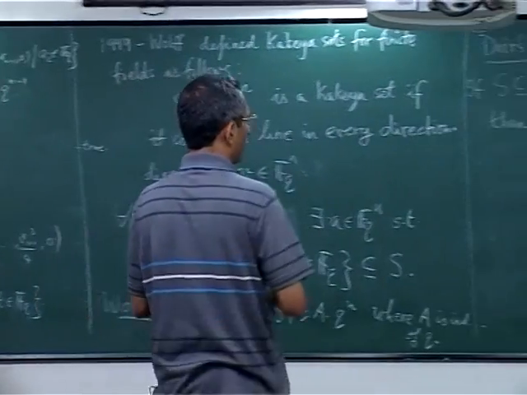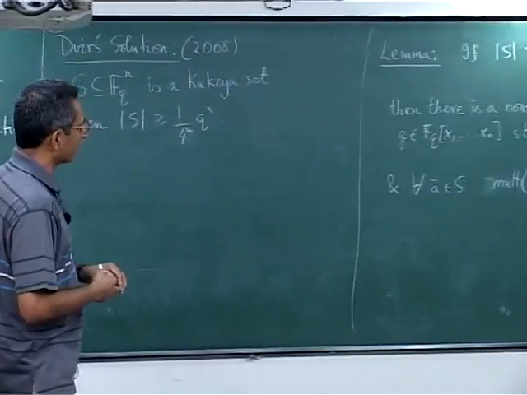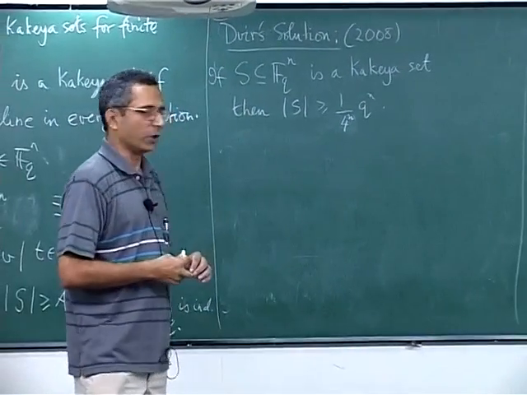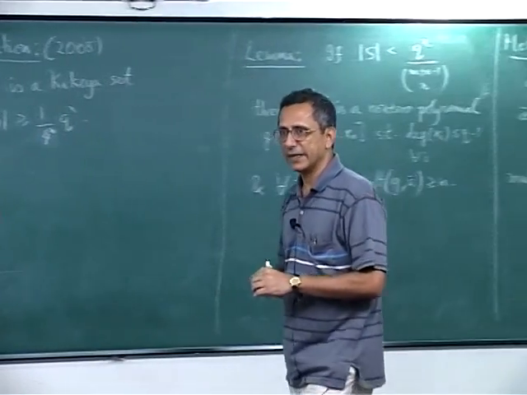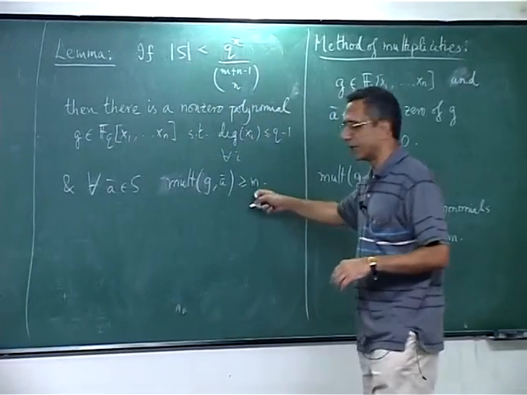If S is that small, then I can construct a non-zero polynomial which not only vanishes at all the points in S, but each of the points in S has that much multiplicity as well.